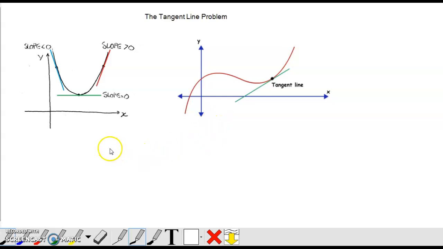Okay, and what's really important is we should write this down. Let's write it down a little bit smaller. So we're going to say this.